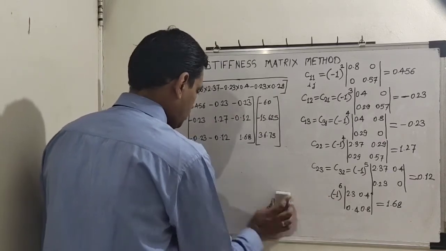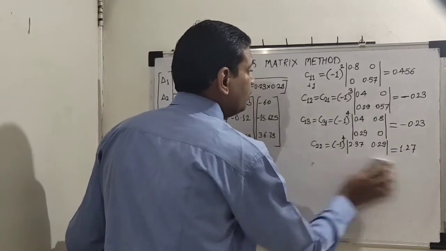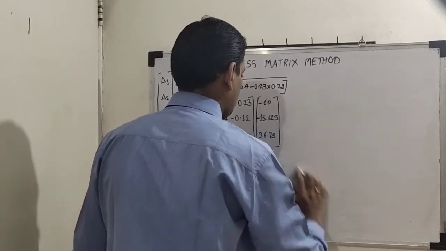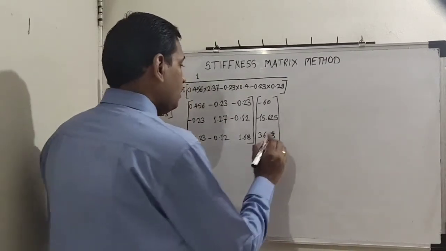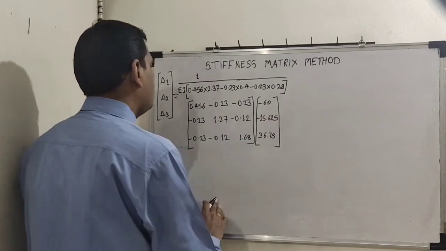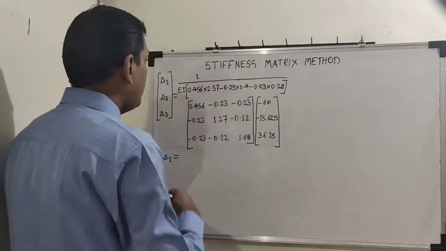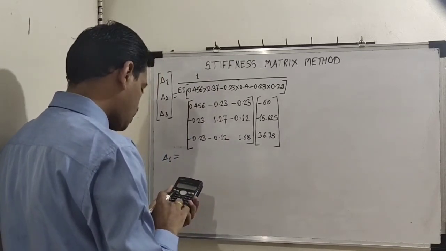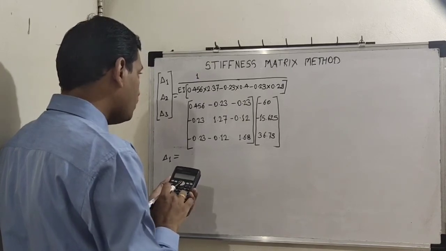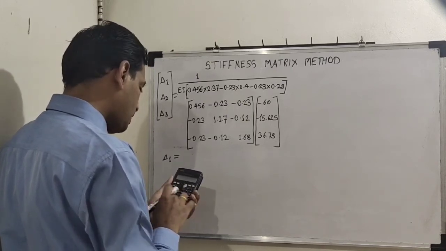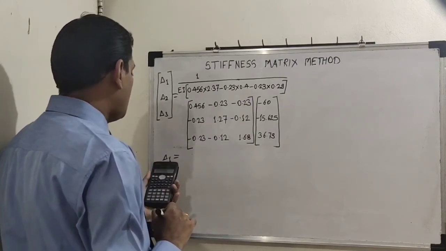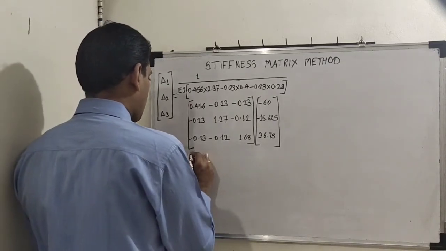We will go for finding out the unknowns, that is delta 1, delta 2, delta 3. So delta 1, what is delta 1? 1 upon EI. Let us first of all find determinant value. So 0.456 into 2.37 minus 0.23 into 0.4 minus 0.23 into 0.29. So it is 0.92 EI.